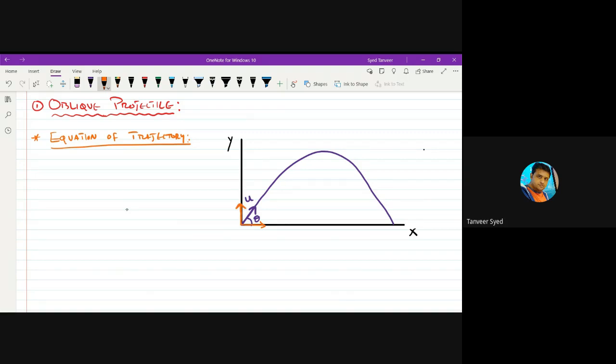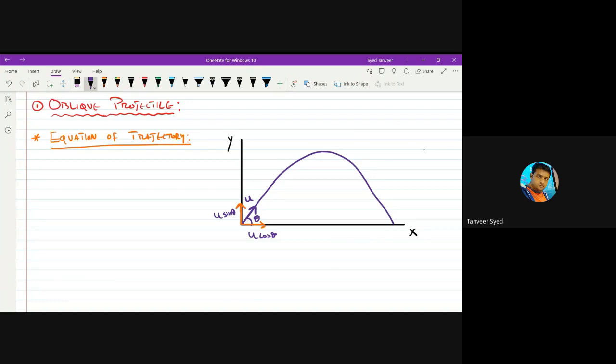And if you have not forgotten vectors, I can write this horizontal component as u cos theta and vertical component as u sin theta. The side or the component which is attached to the angle will be cos, other one will be sin.